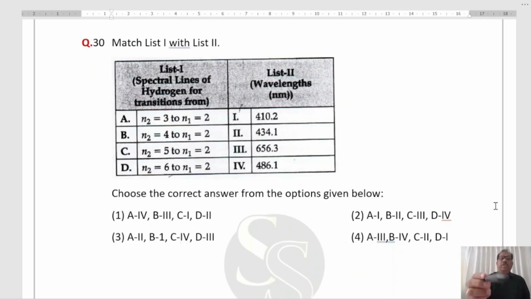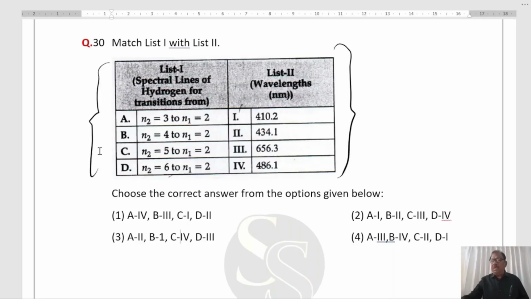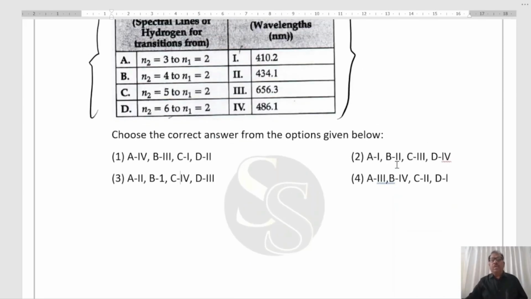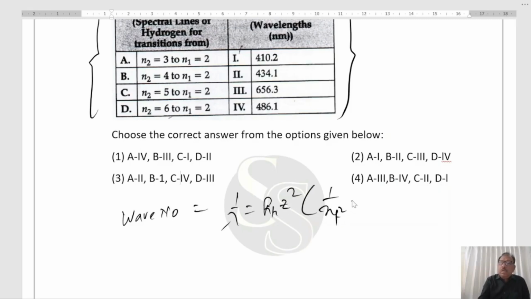Question is, match list 1 with list 2. In this case, again, before concluding the answer, let's discuss the basic concept applicable here. This is the hydrogen spectrum series, right? The basic formula is wave number equal to 1 by lambda equal to R_H Z square into (1 over n_f square minus 1 over n_i square).